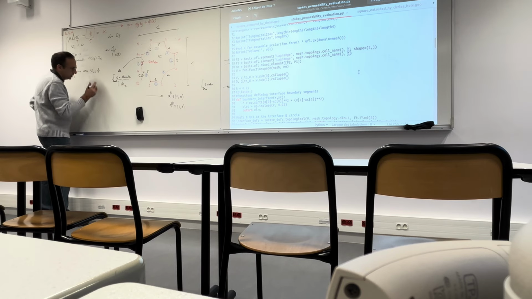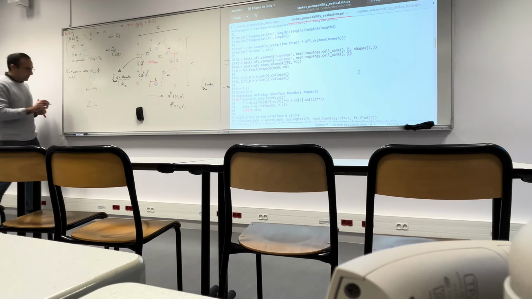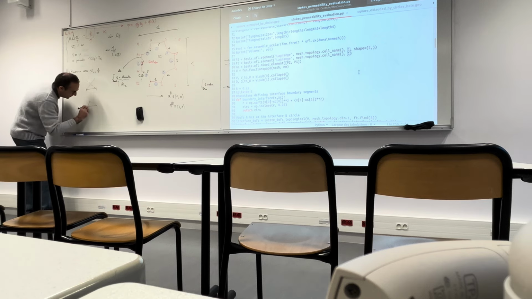So in 1D, these are the shape functions that I was showing you before. In 2D, the analogue is that you have triangular elements, and your functions are defined like that.